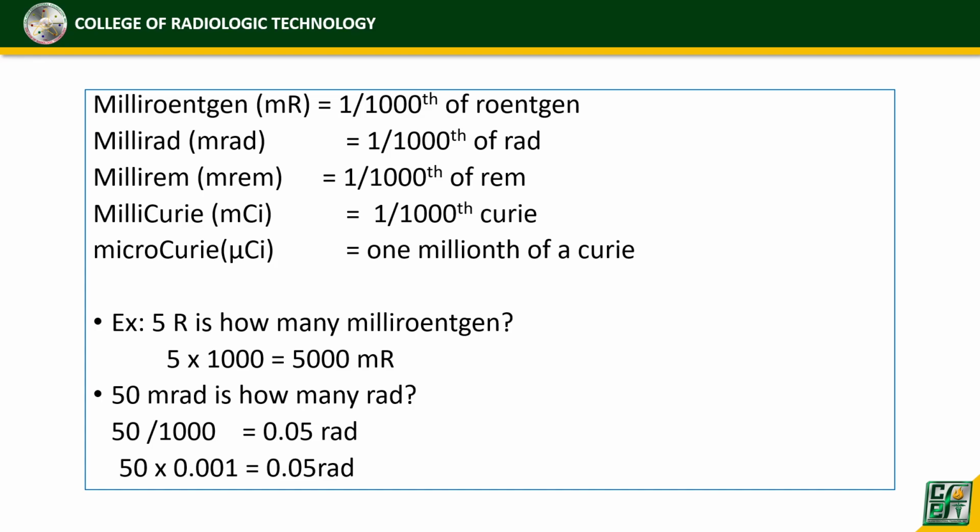Okay. Then 50 millirad is how many rad? Instead of multiplication, you will do division. Okay? Pwede ring multiplication, yun nga lang, i-multiply mo siya sa 0.001 instead of dividing 50 by 1,000.